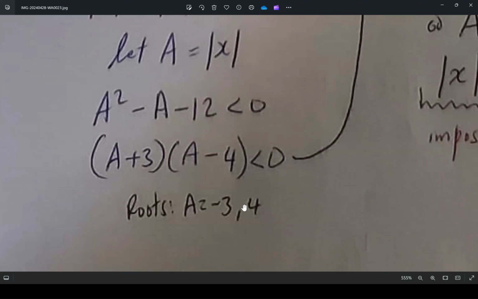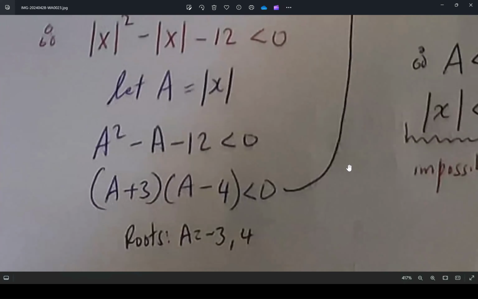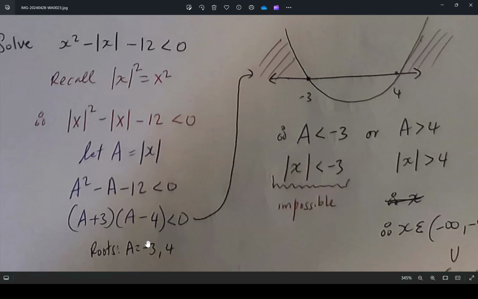Now, this is not a quadratic equation, it's a quadratic inequality, which means that we have a less than sign, not an equal sign. So we can't just say, okay, these are the values, and move on. Instead, we actually have to draw the graph. For the graph, we know that the roots are -3 and 4, right?